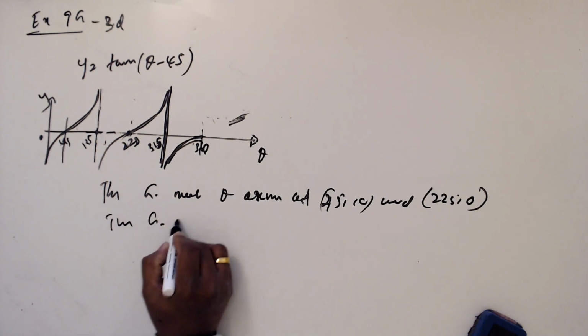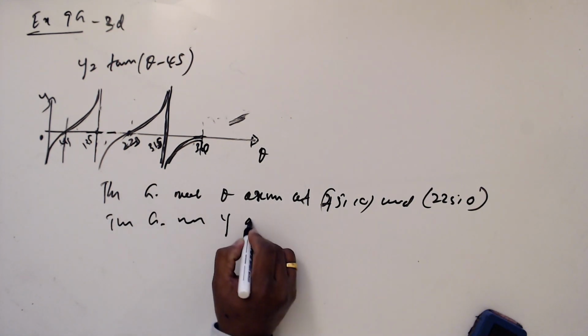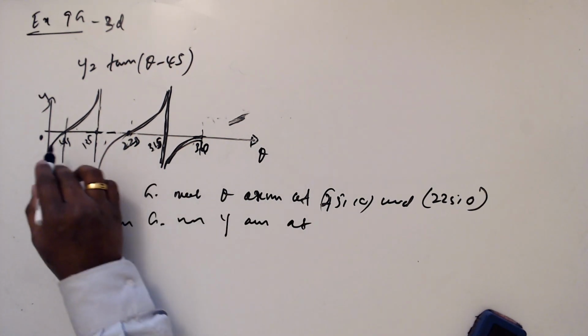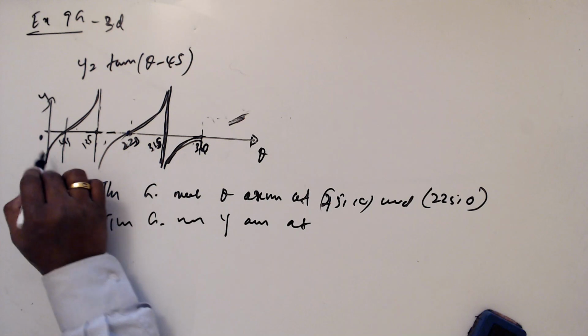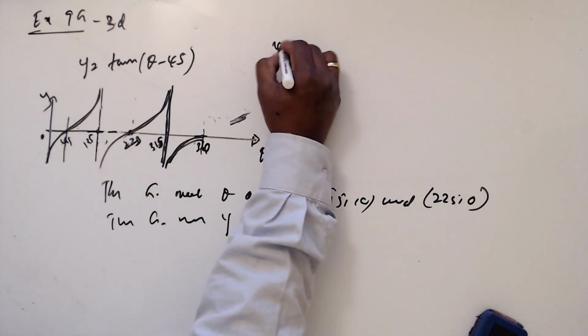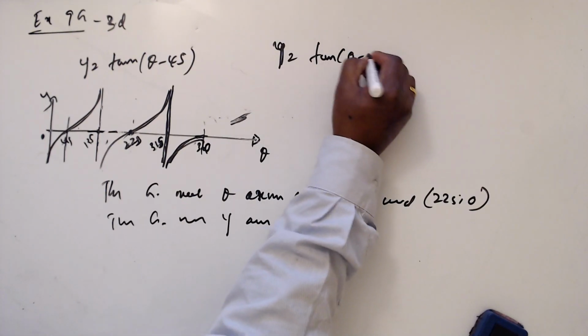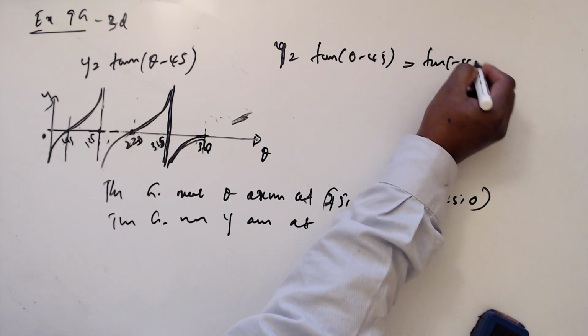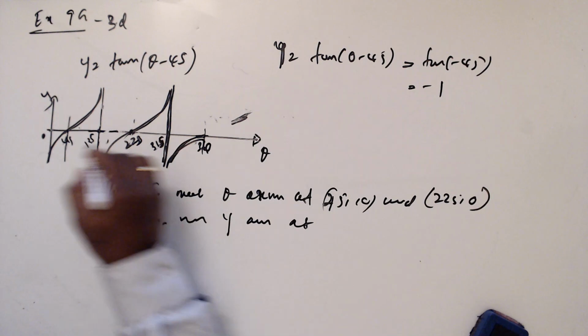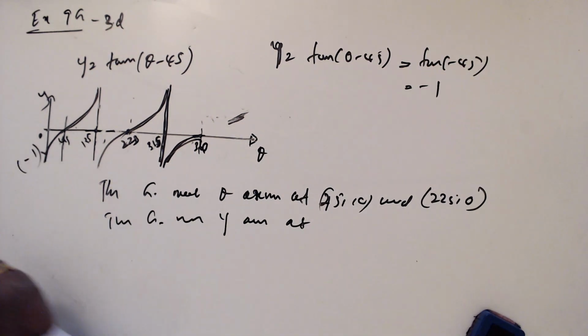The graph made y axis at x value 0. We need to put theta value 0. Y equal tan 0 minus 45. You can check tan minus 45, which is minus 1. So this value is going to be minus 1.